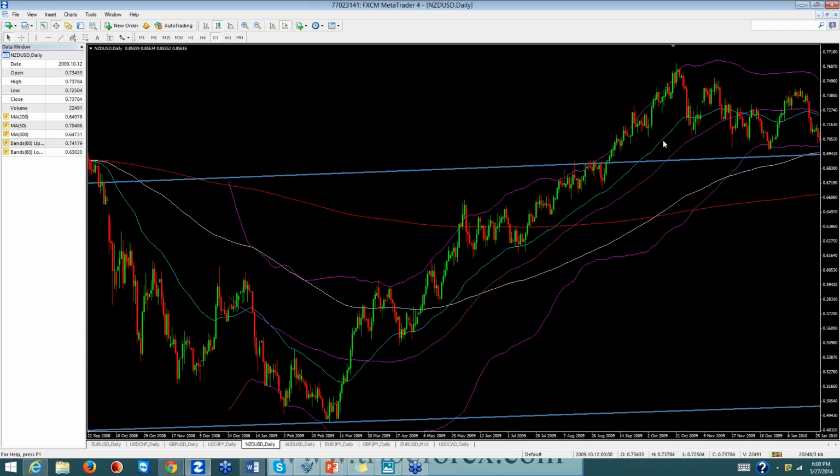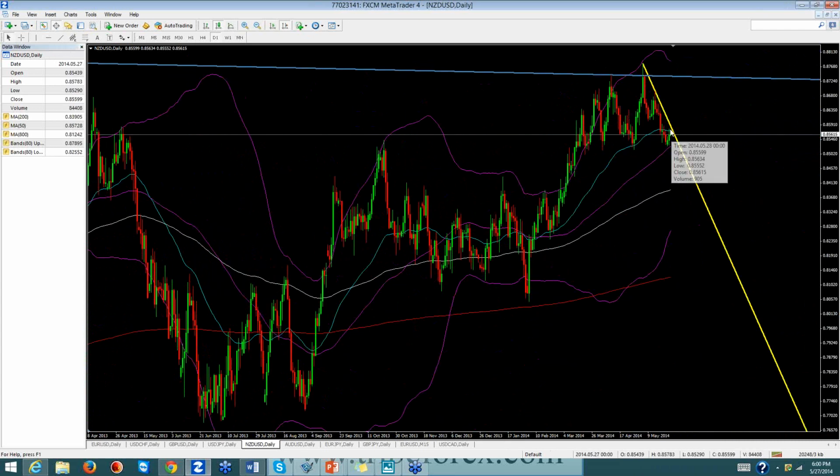I do think price is going to move down eventually on the New Zealand dollar. But we're in consolidation clearly here. I drew an area of support, resistance, sorry. We also have areas of support on the Bollinger right now at 85.22 and resistance at 85.72, so about a 50 pip range there.